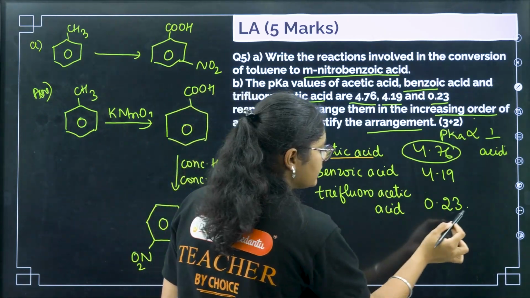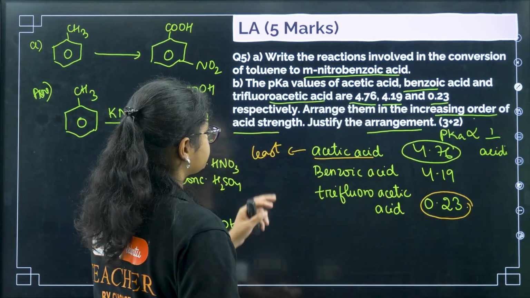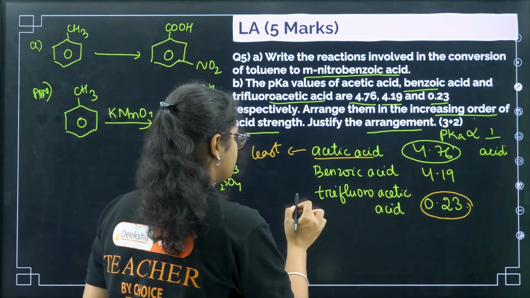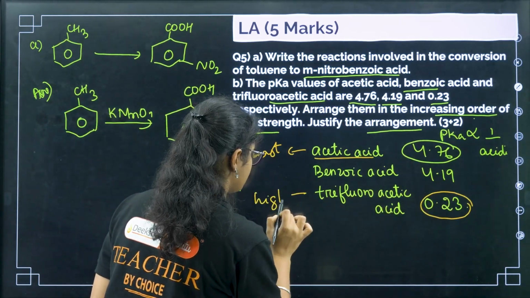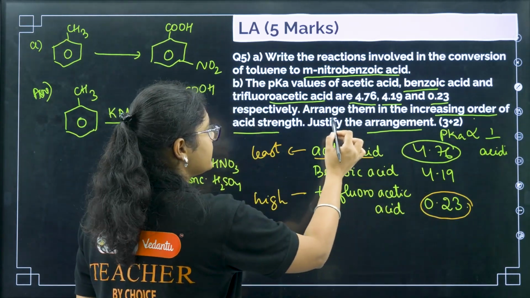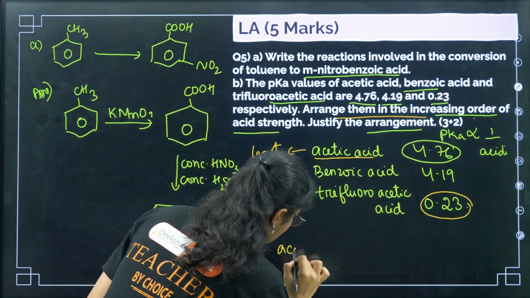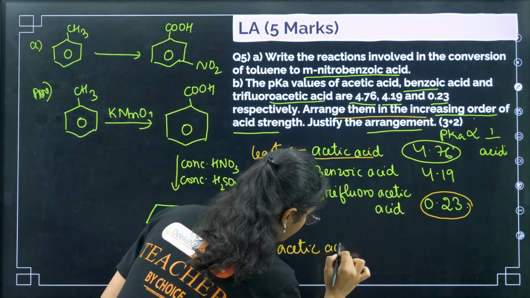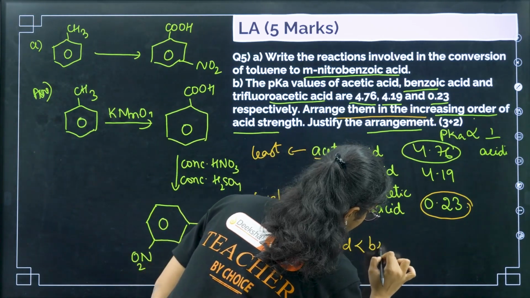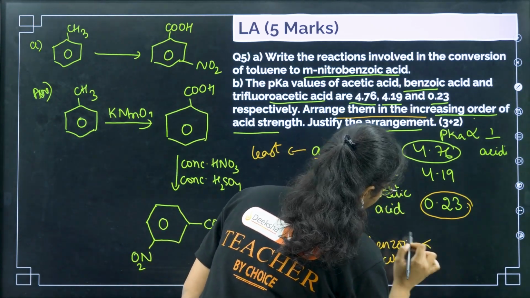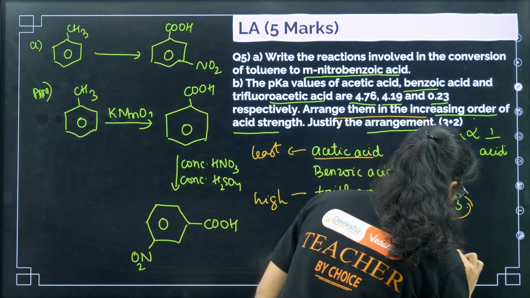And here, this is the 0.23, the least pKa value, that means this is the highest acidic. Now we need to arrange them in the increasing order. So what will be the increasing order? First is acetic acid, then we have benzoic acid, and then we have trifluoroacetic acid.